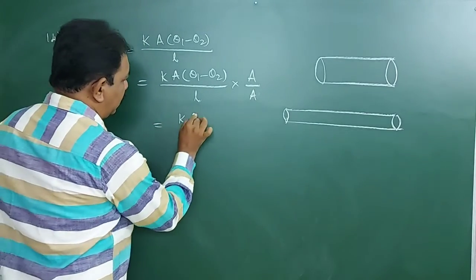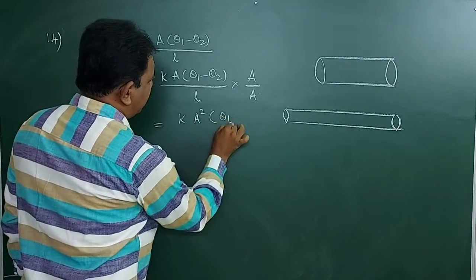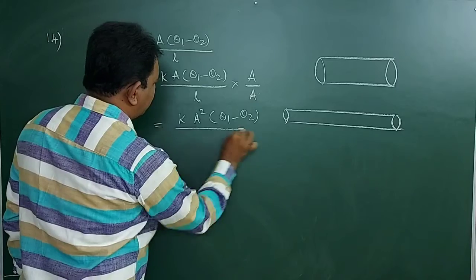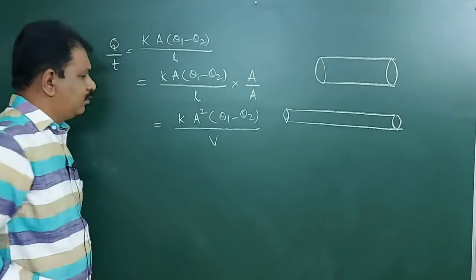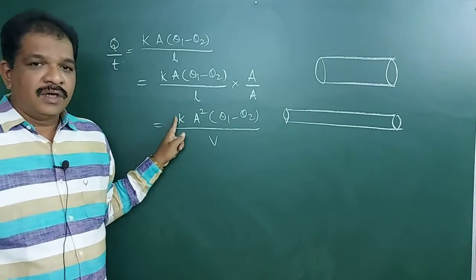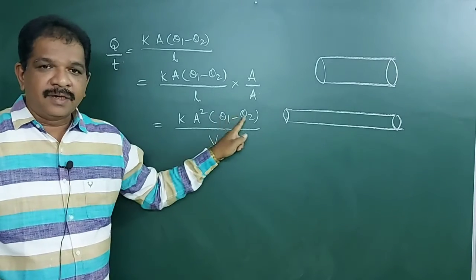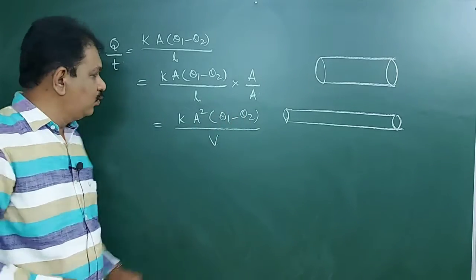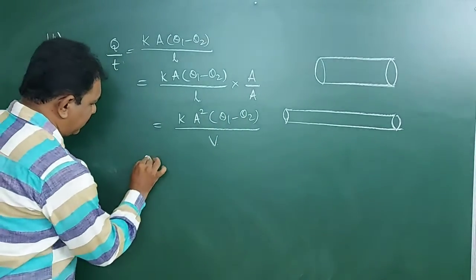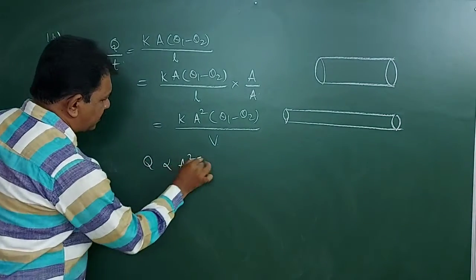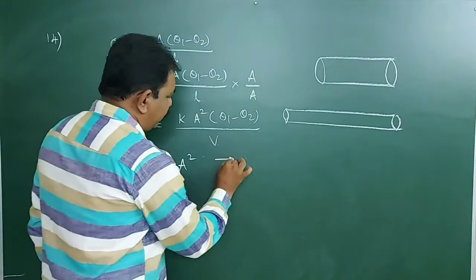So K A square (theta 1 minus theta 2) by volume. Same rod, so K is constant, volume remains constant. Temperature difference between the two ends is also the same. So Q is proportional to A square.